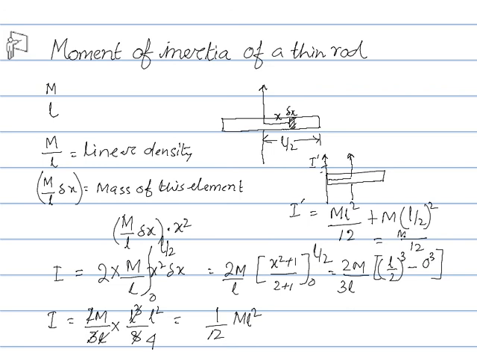So 12, m L square plus 3 m L square, so this becomes 4 m L square by 12, that is I dash equals 4 m L square by 12. So this is m L square by 3.